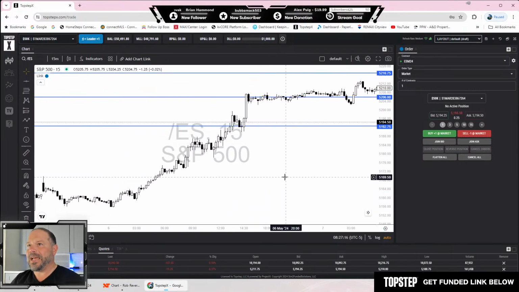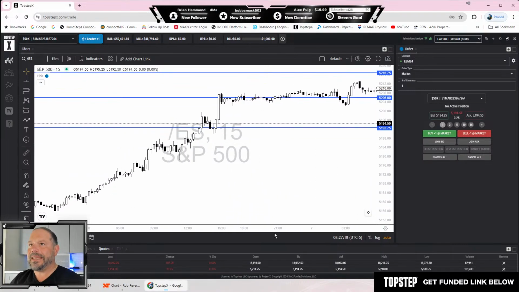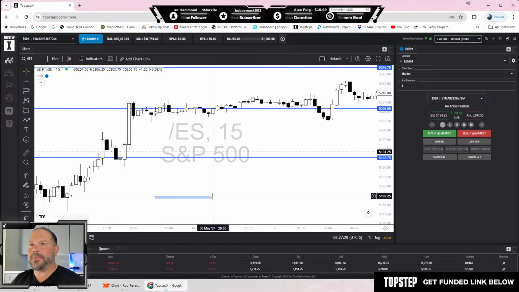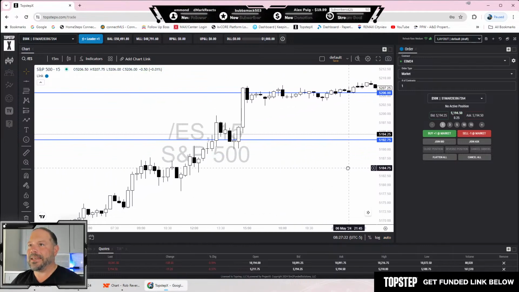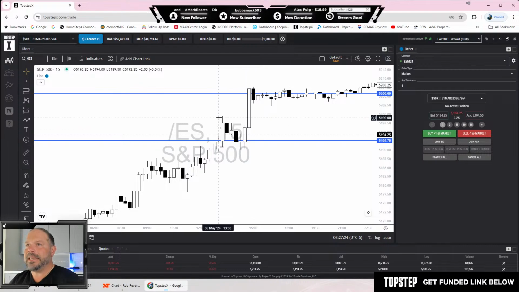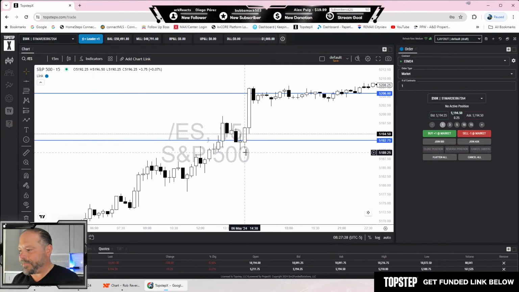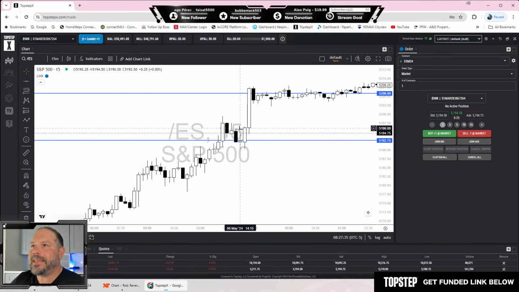Now, I will tell you something else. Is this an A+ setup in my book? Absolutely not. Because yes, we had the down bar, we had something that stopped the market, and we had something that made the market go in the opposite direction. But do you guys see how this left this price action right here?